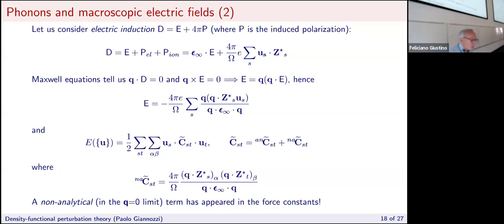But notice that the Q equals 0 phonons, or longitudinal optic and transverse optic phonons, are not distinguishable at Q equals 0, of course, because the difference between longitudinal and transverse is non-existent at Q equals 0. So it's the way we go towards 0, the way we reach the Q equals 0 limit, that makes the difference.